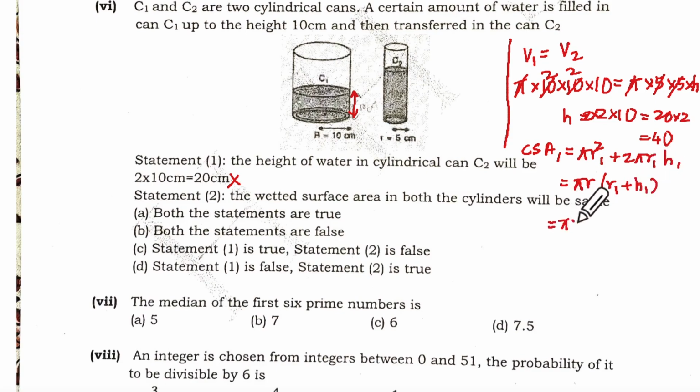So pi into 10, Ma'am, 2h1. Yes. And here it will be r1. How much is r1? 10. Plus 2h1 means 2 into 10, so that is 20. So I am having pi into 30 into 10, so 300 pi.